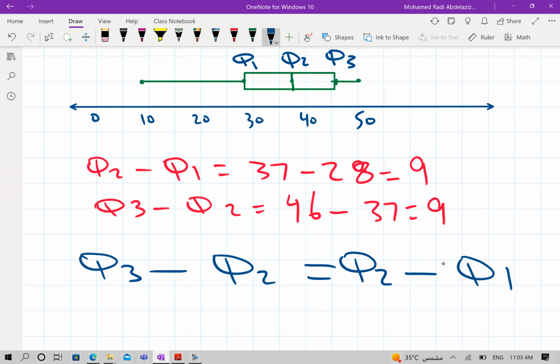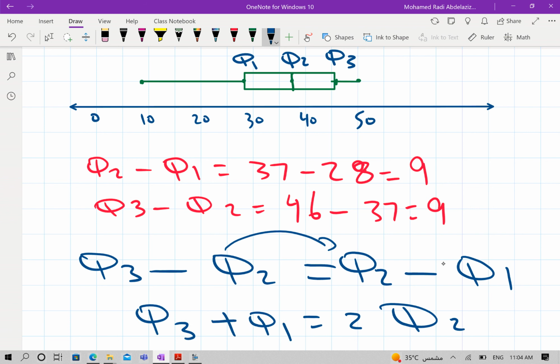If we collect Q2 together and move to the other side, 2 Q2 is equal to Q3 plus Q1. This is a relation: double the median is the sum of Q1 and Q3. In this case, it's called symmetrical.